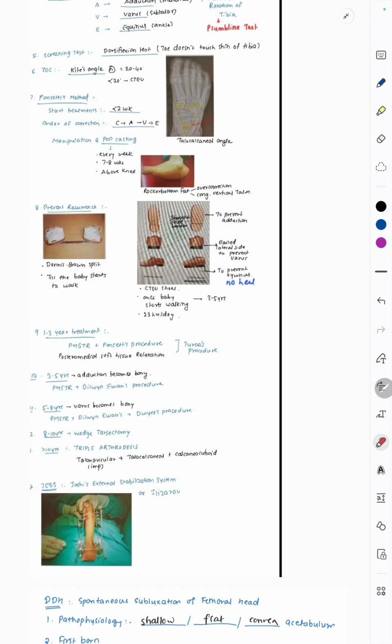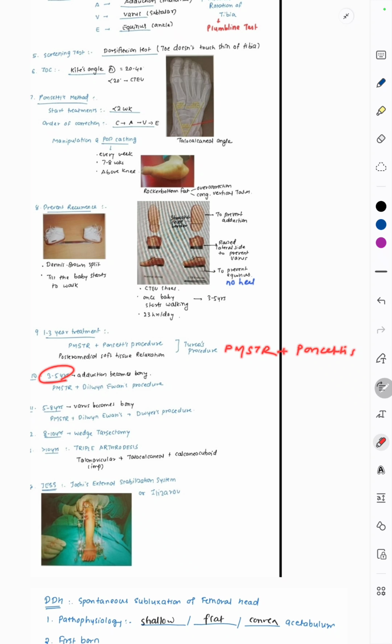After the baby starts to walk, there are special CTEV shoes which consist of a straight inner border to prevent adduction, no heel to prevent the equinus, and a raised lateral border to prevent the varus. Once the baby starts walking, at 3 to 5 years, it is advised for 23 hours a day. Then for 1 to 3 years, there is a posteromedial soft tissue release operation, and Ponseti's procedure is done, that is called the Turco's procedure.